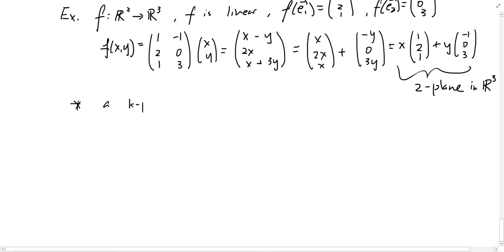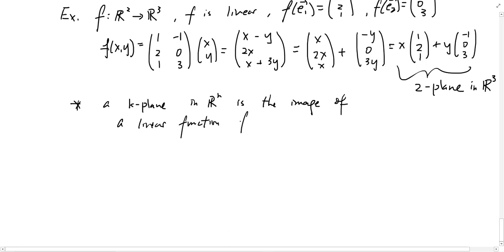A k-plane in Rn is basically the image of a linear function f that goes from R sub k to R sub n.